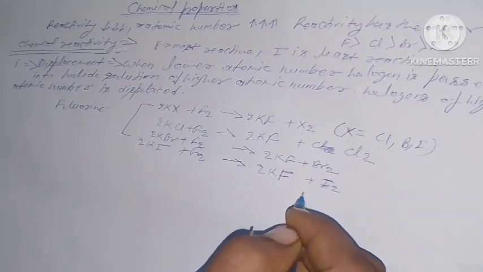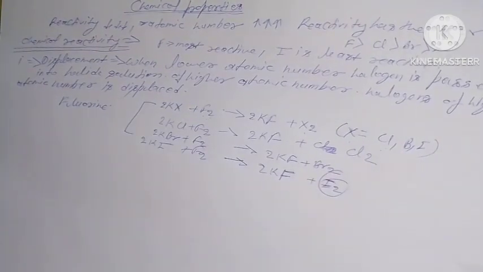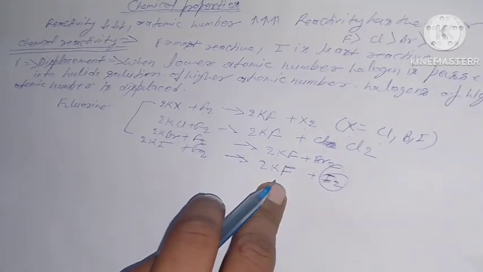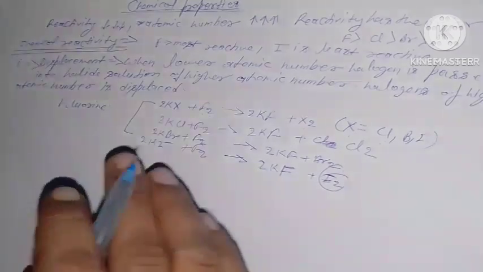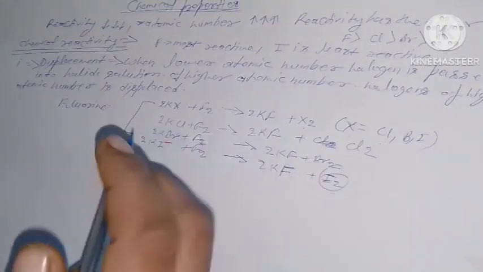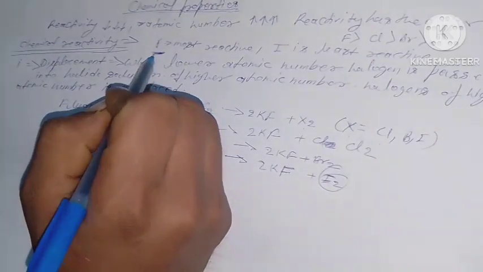Iodine is replaced by fluorine. All halogens are replaced by fluorine, because fluorine is most reactive as compared to the other halogens.